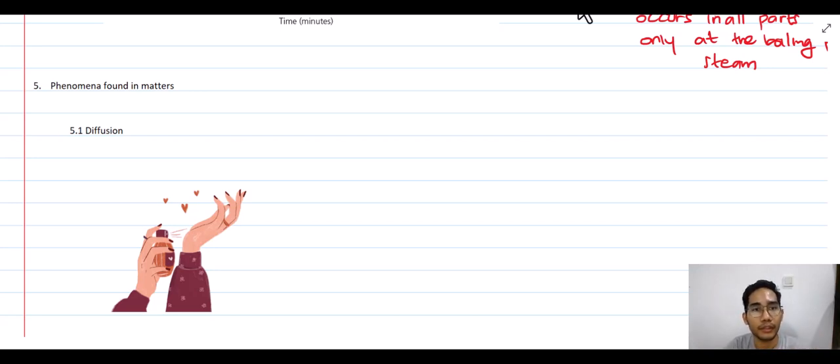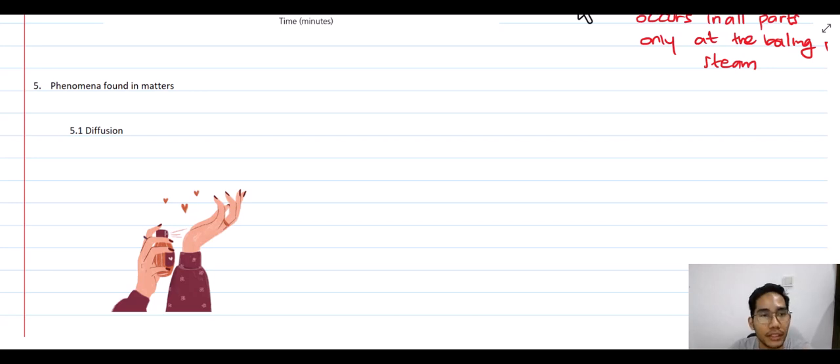So what happens here? What happens to the aroma or the perfume particles that you spray on? Yes, it will spread. The molecules or the particles of your perfume will spread across the room. That's what diffusion is.